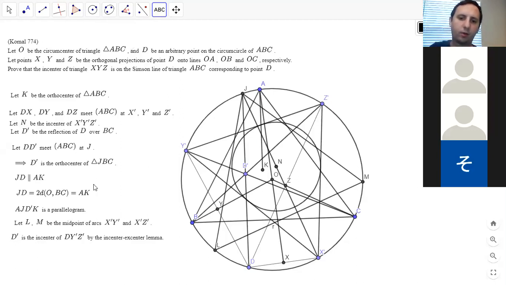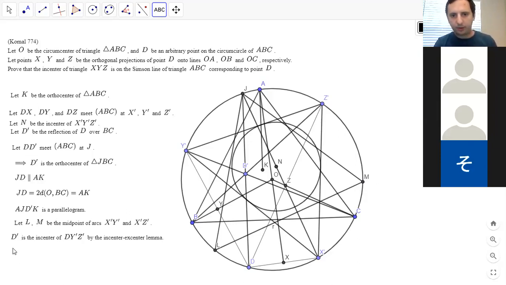Okay, so yeah, hold on just a sec. Okay, so ML is the perpendicular bisector.